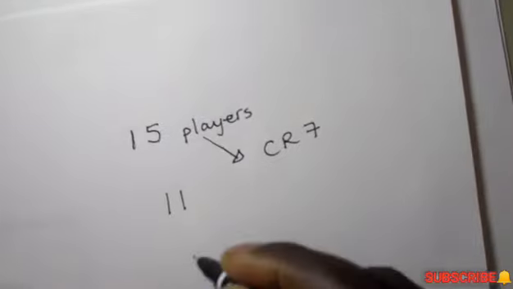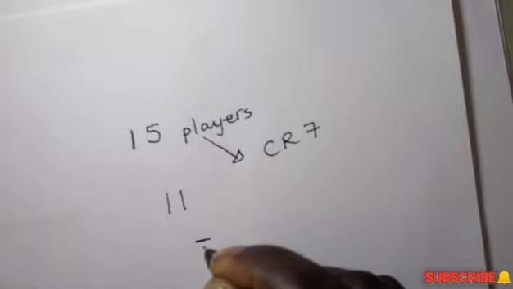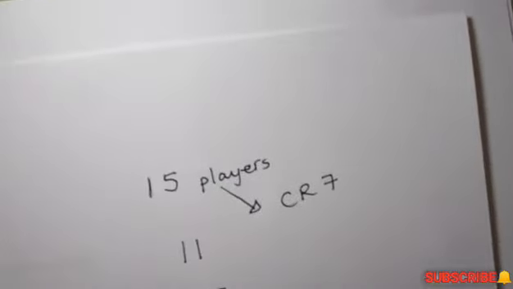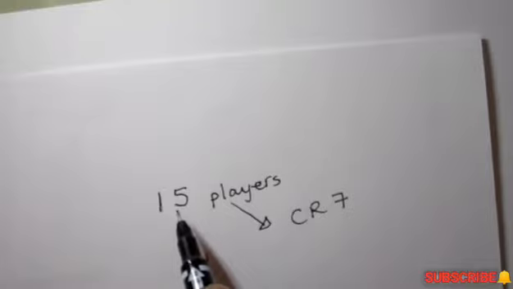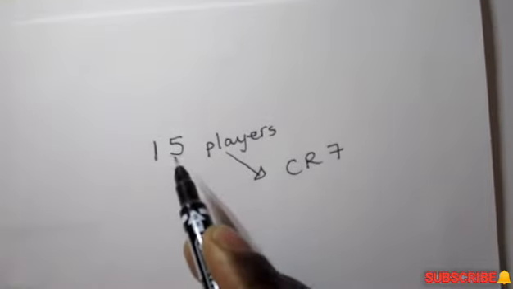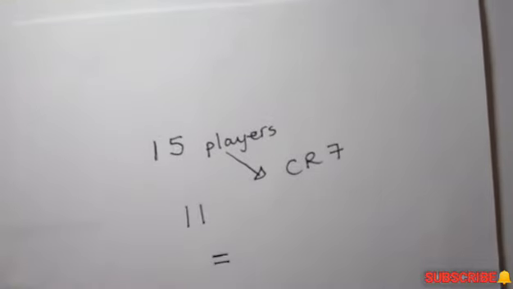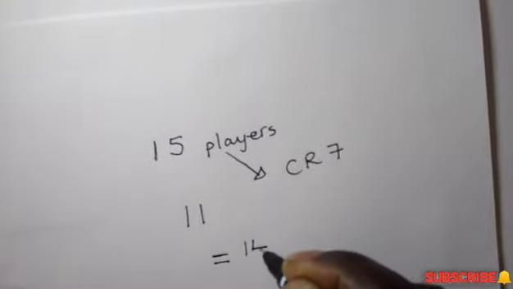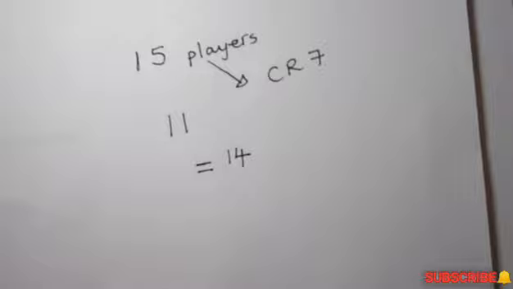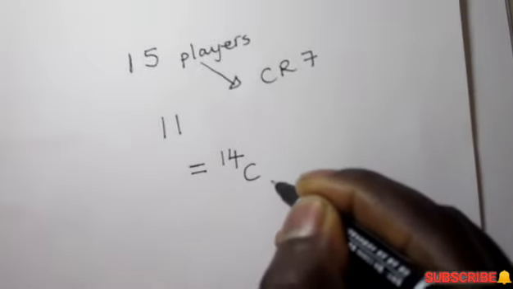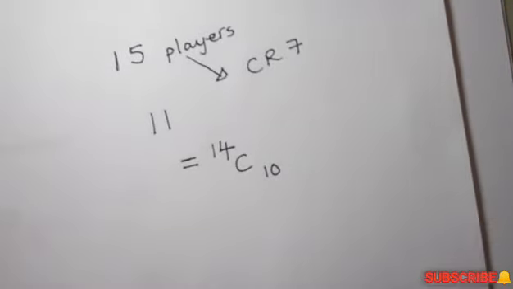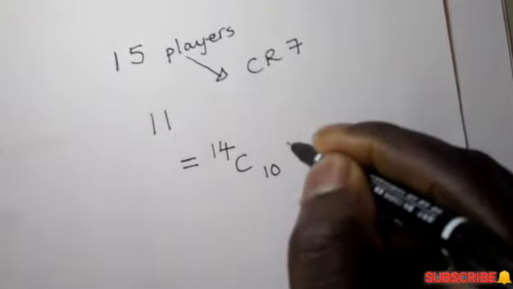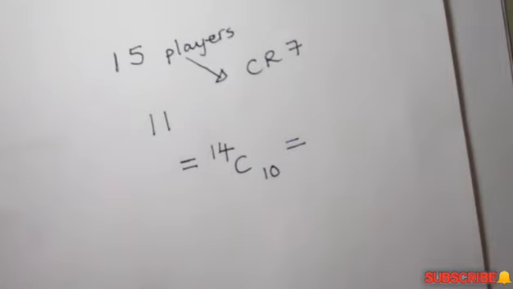So when choosing 11 people, it means that of the 15 players that we have, we are going to remove CR7 and you'll be left with 14 players. So we are going to choose only 10 players from the 14 players. Then this becomes your final answer.